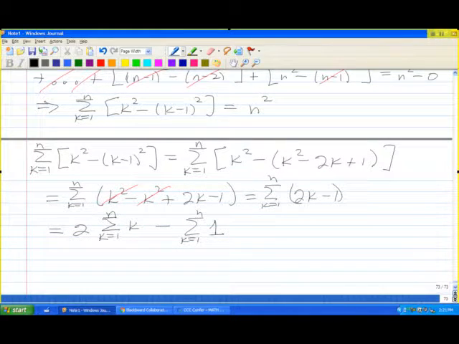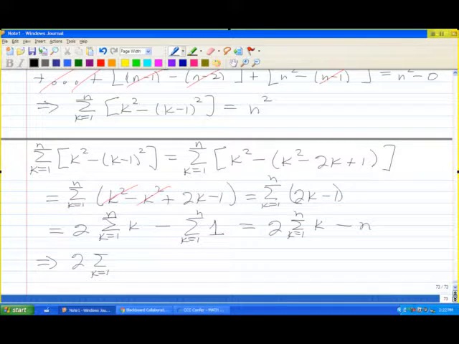And so this is equal to, well, the sum k equaling 1 to n of 1 is just n. We knew that. So I have that 2 sum k equaling 1 to n of k minus n is just equal to, well, we said that previously, the same sum we just calculated was equal to n squared.